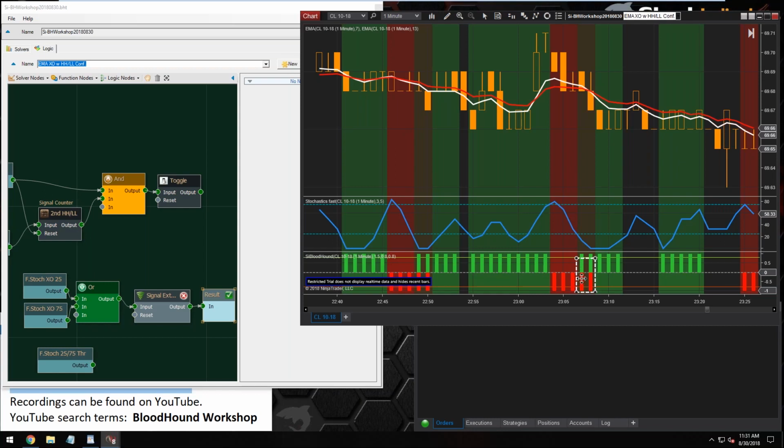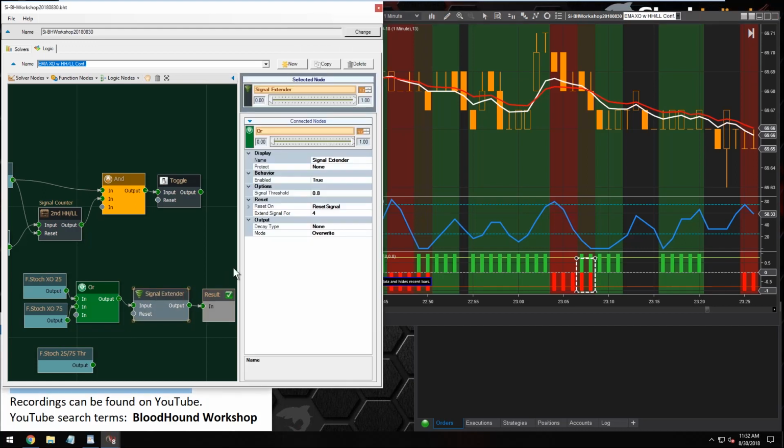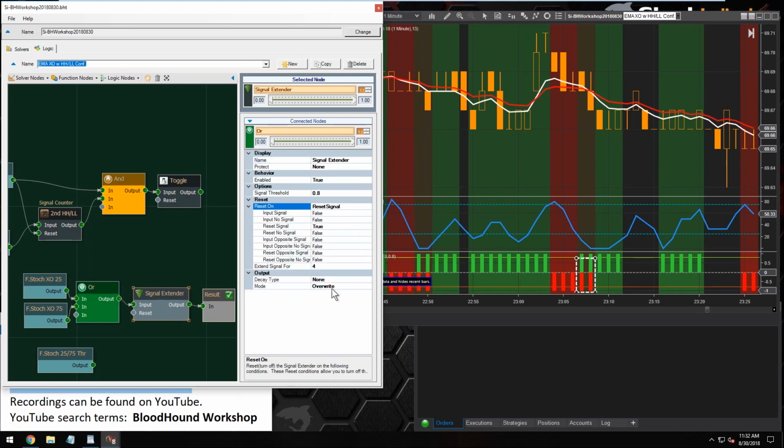We want the short output to disappear, because when the stochastic crossed the 25 level, that basically invalidates the stochastic crossing the 75 level. It invalidates that 5-bar period. So the signal counter would allow us to do that. I'm sorry, the signal extender allows us to do that.